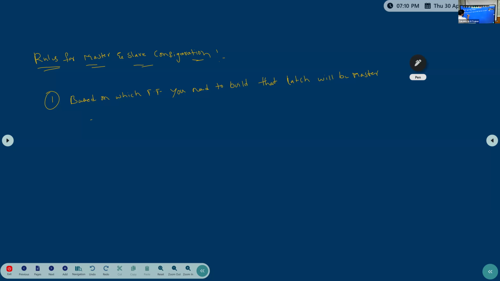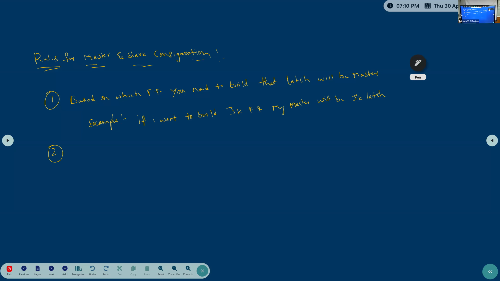Example, if I want to build a JK flip-flop, my master will be a JK latch. Clear? This is the first point you need to remember.